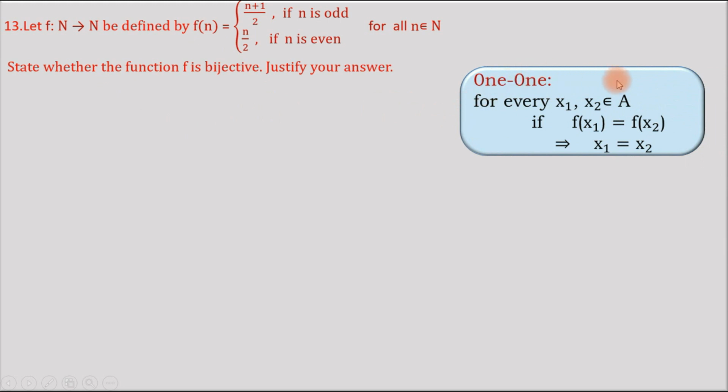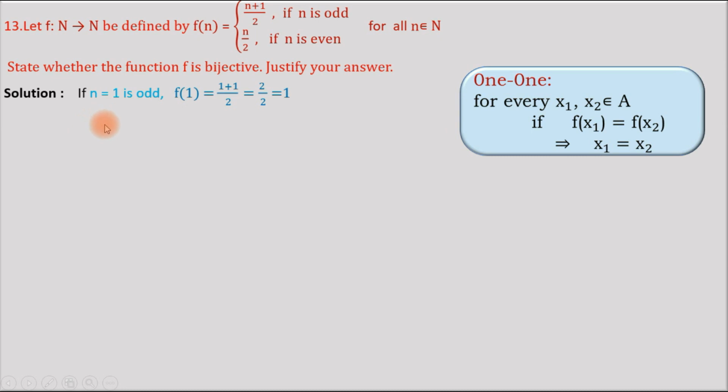To check the one-one condition, for every x1, x2 belongs to the domain which is natural numbers. So the set of natural numbers is either even or odd numbers. Check for the case of odd numbers, that is if n is equal to 1 which is odd. If n is odd, f of n equals n plus 1 by 2. So f of 1 becomes 1 plus 1 by 2 which is equal to 2 by 2, that is 1.